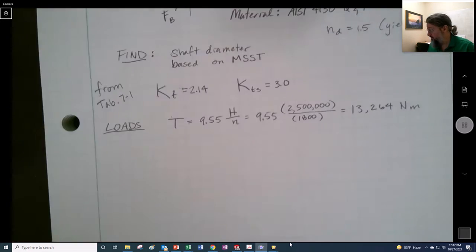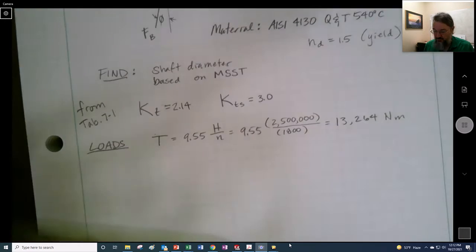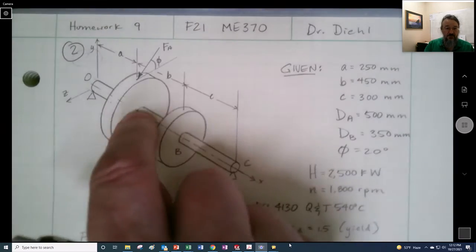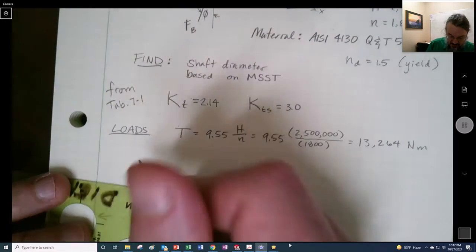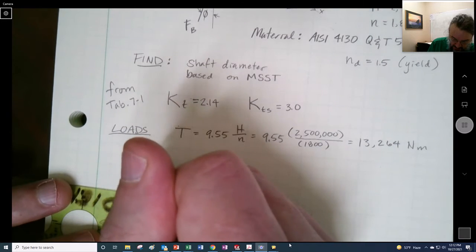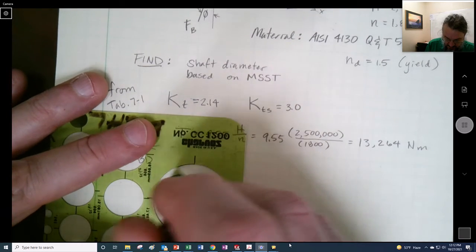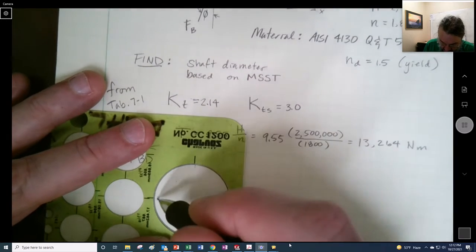All right, let's make some FBDs to see what that looks like. I'm going to take A by itself, so I'll have my FBD. I'll use the big circle here. I'm going to use up a lot of paper. I didn't bother to see where the center of that was.